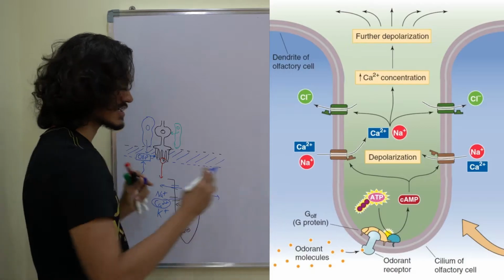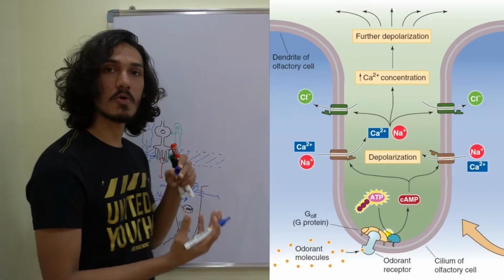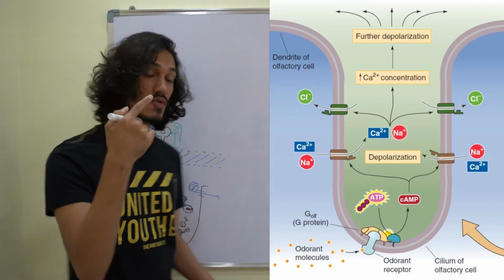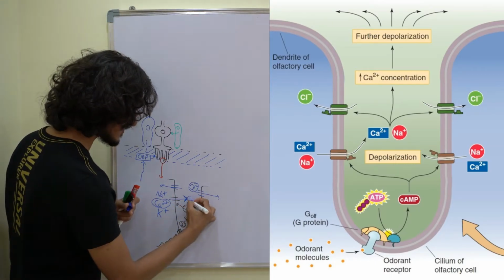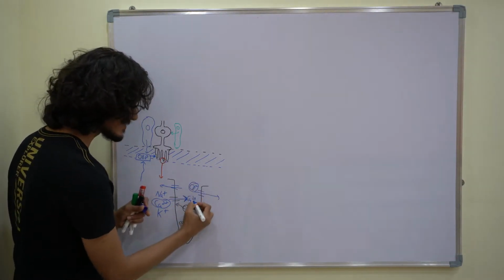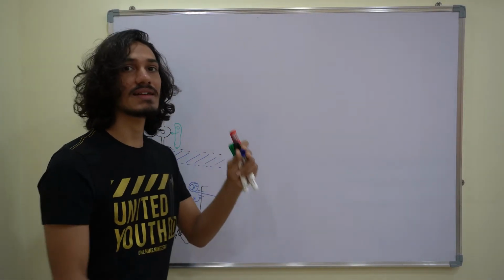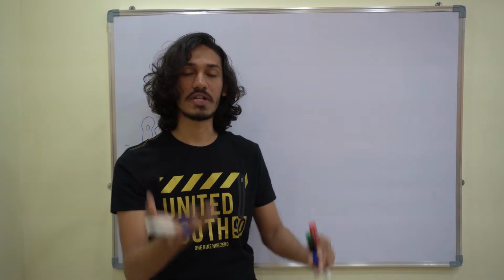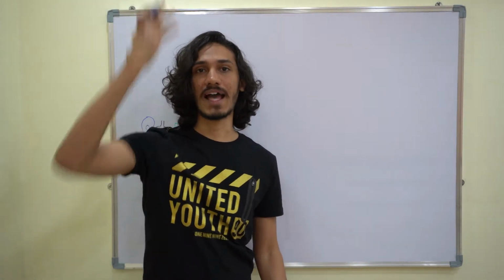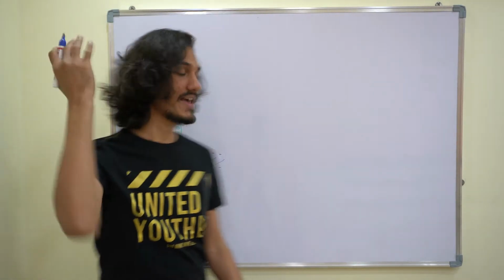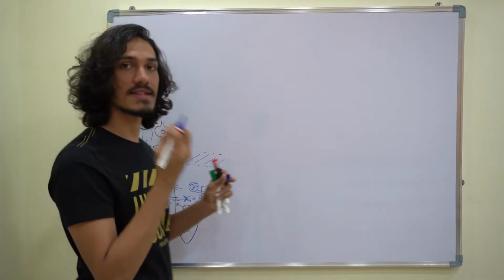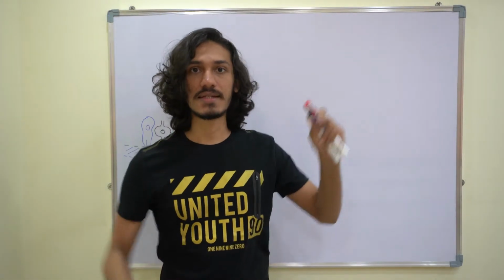And because chloride goes out, inside becomes more positive. So because of the influx of calcium plus calcium induced opening of chloride channels, the graded receptor potential goes into an action potential, a spike potential. And that is where your first signal of olfaction starts.